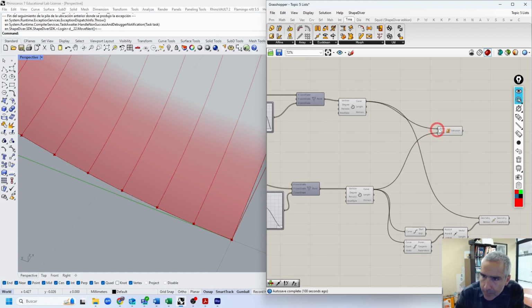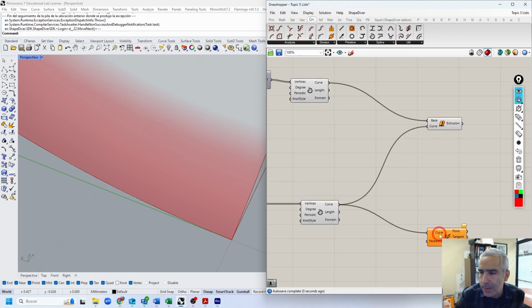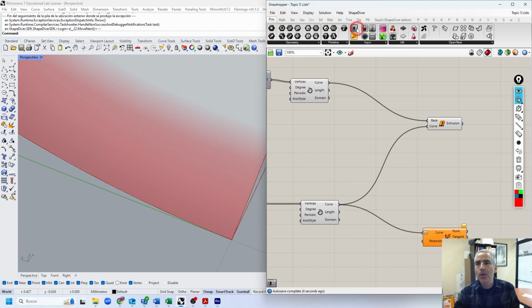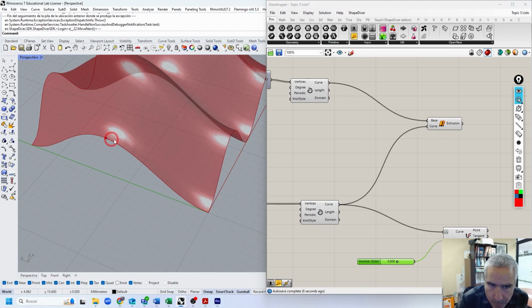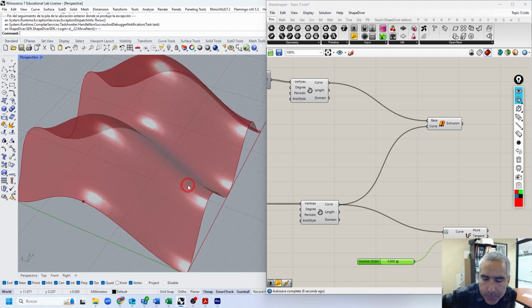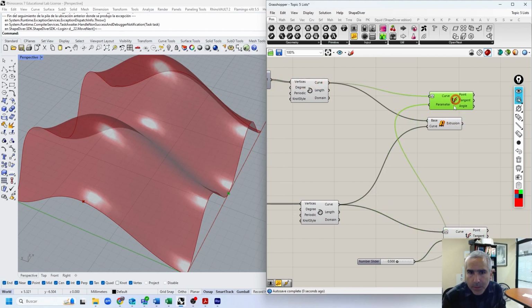So for example, let's do this again, but let's use evaluate surface. So let's evaluate this surface. Let's reparameterize it. And then let's go with a slider and set that slider to 0.5. And we have the midpoint of the curve, right? So what we're going to do now is the same thing, but with the other curve, which is right here.